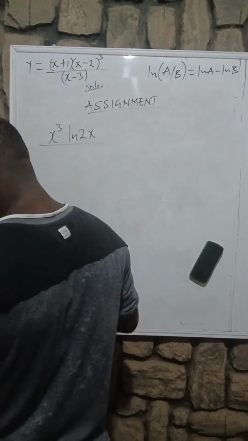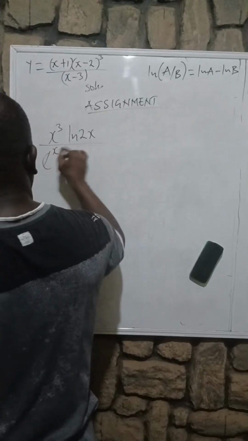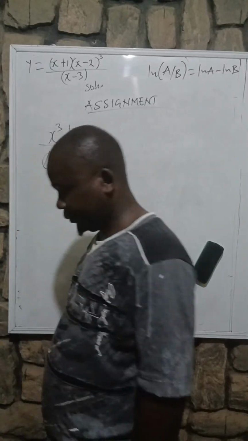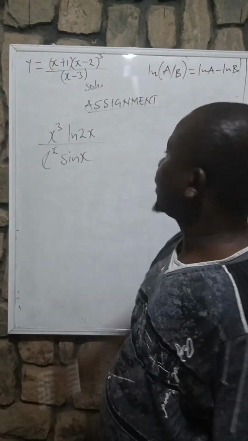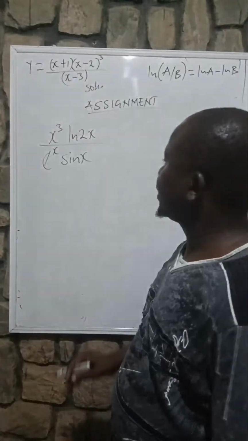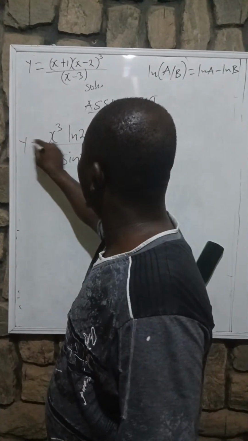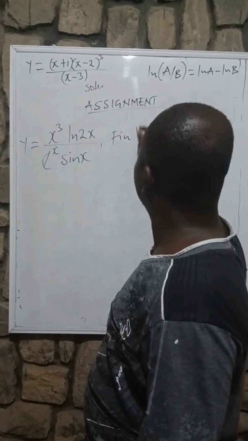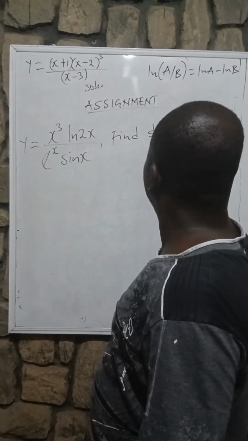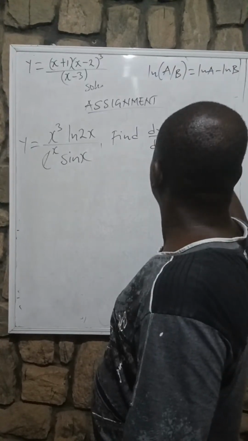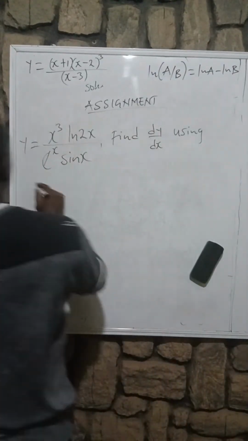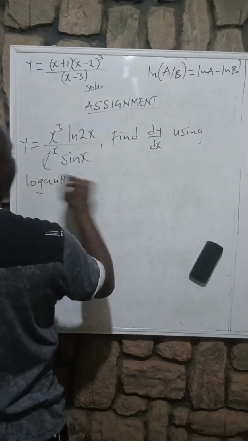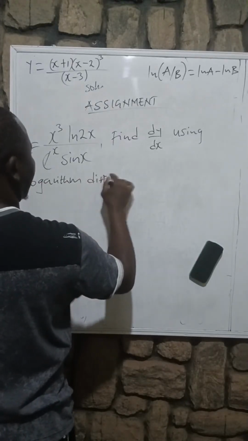I know you people will shout. You will say, Mr. Osi, I've started, right? Just kill yourself with this. y is equal to that. Then find dy over dx using logarithmic differentiation, right?